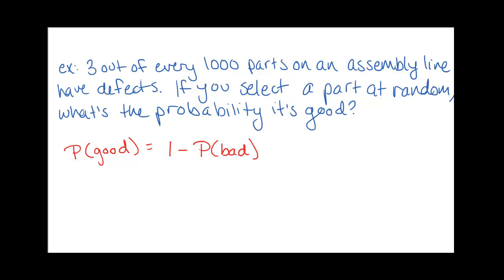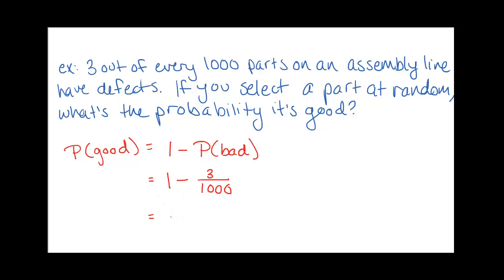So we can use this complement rule to say probability of a good part is 1 minus the probability that the part has defects or isn't good. So the probability of it having defects, well, they tell us that 3 out of a total of 1,000 parts have defects. So this would be our probability of a bad part. And then we just do the subtraction.